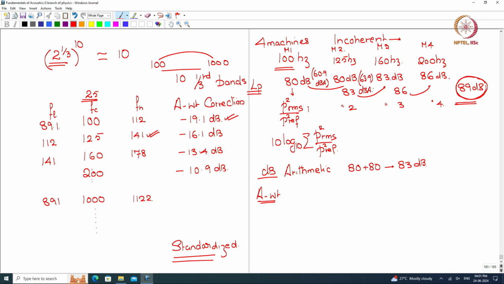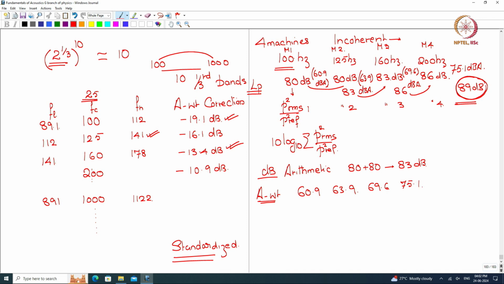For the 160 hertz band, the correction is minus 13.4, so it comes to 69.6 dBA. And lastly the 200 hertz band is minus 10.9, so you get 75.1 dBA. So now I have 60.9, 63.9, 69.6 and 75.1.